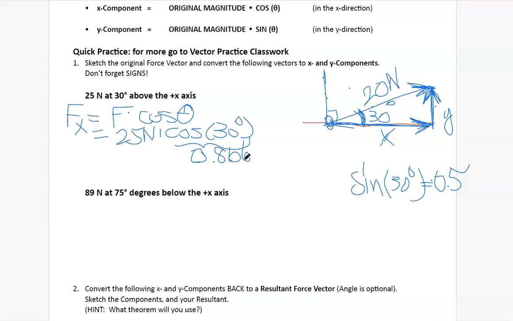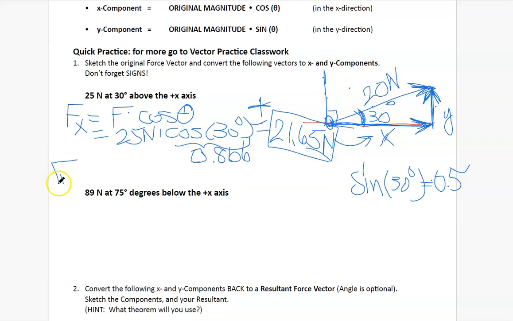I would do the cosine first on your calculator and then multiply that times 25 newtons, and you get a value of 21.65 newtons. And that is your horizontal component.